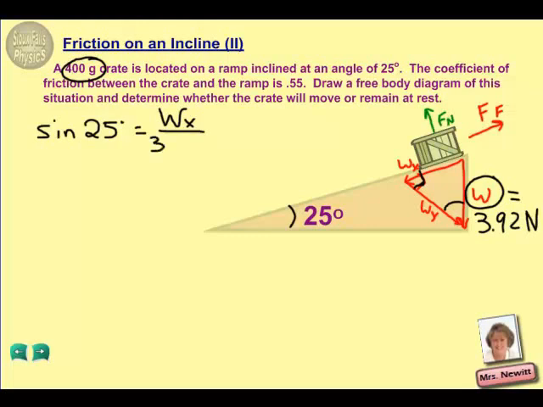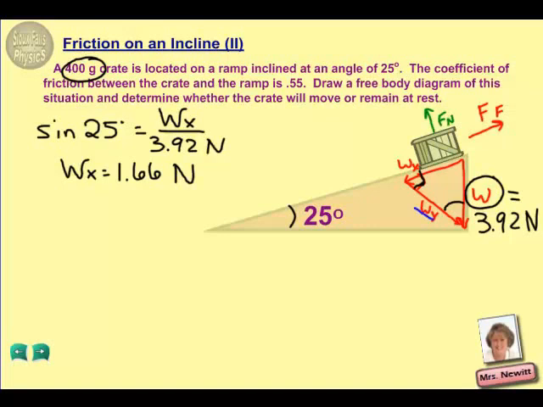So 3.92 newtons, and that means that our x component then is going to turn out to be 1.66 newtons.